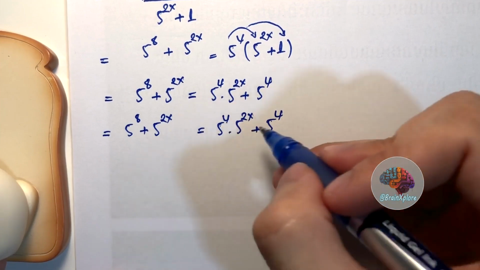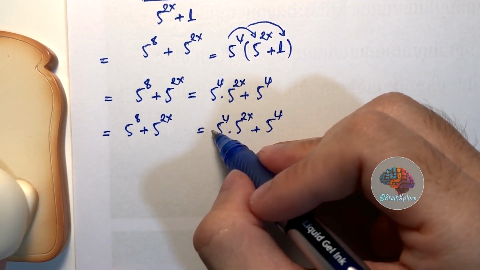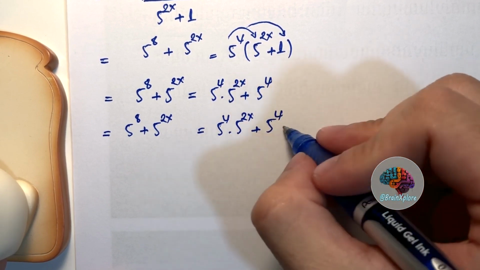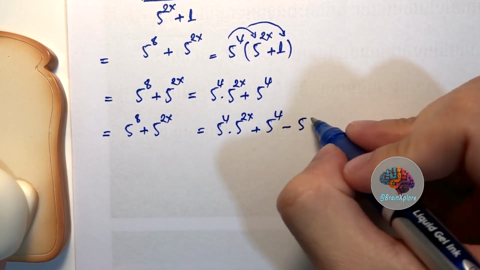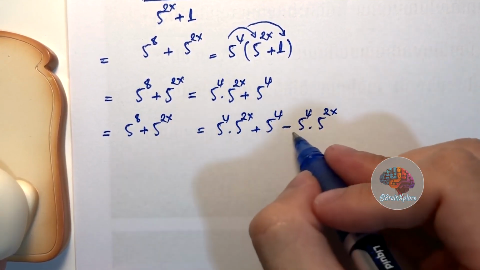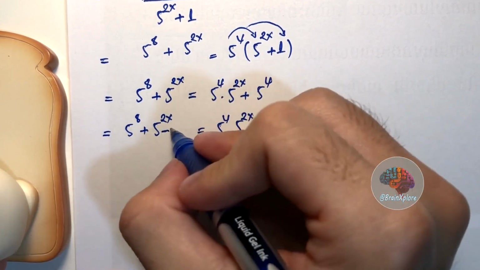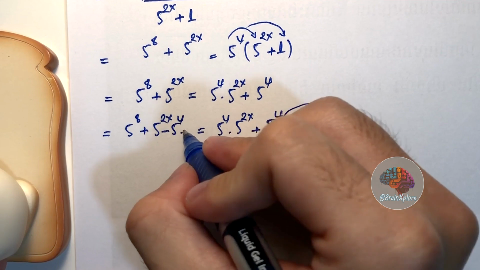Now we want to move this value to the other side. So we have to subtract this from the right hand side, and we have to subtract on the left hand side as well.